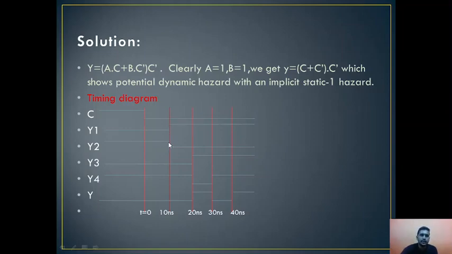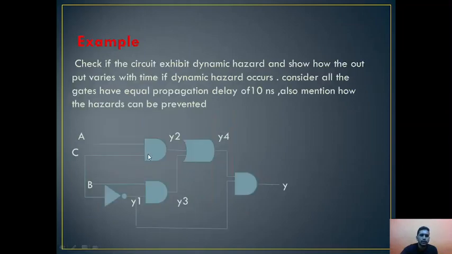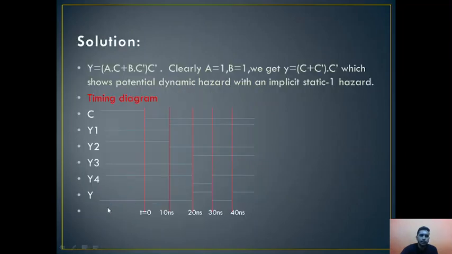In the same way, y2 is nothing but an AND, and y3 is the AND of y1 and B. Once y1 has become 1, y3 will become 1 after a 10 nanosecond delay between y1 and y3.